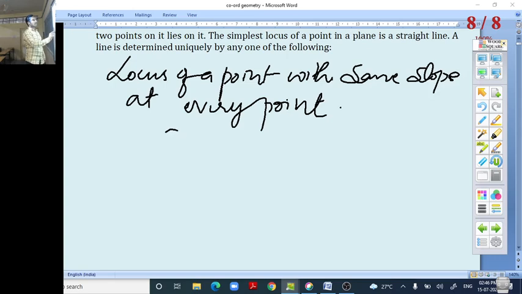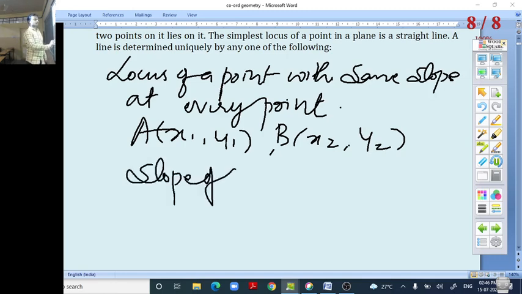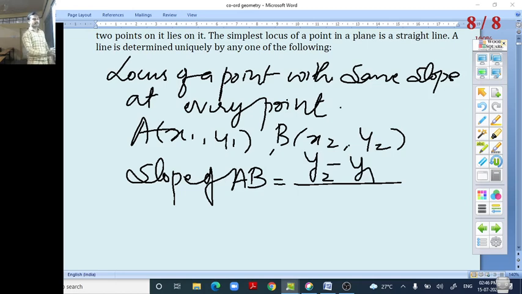And you know that if (x1, y1) and (x2, y2) are any 2 points A and B in the Cartesian coordinate system, then the slope of AB is the ratio of the difference of y coordinates divided by the difference of x coordinates.